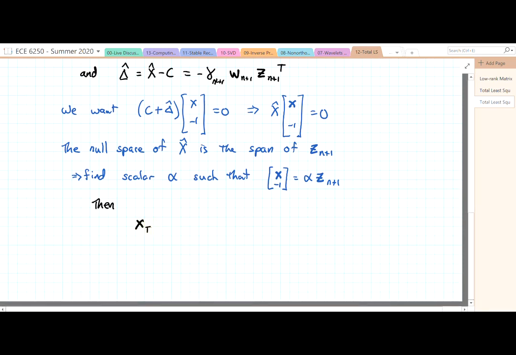But the x total least squares hat vector is equal to minus 1 over the n plus 1 term of the n plus 1 vector of our SVD times the whole vector, Z n plus 1, 1, up to Z n plus 1, n.